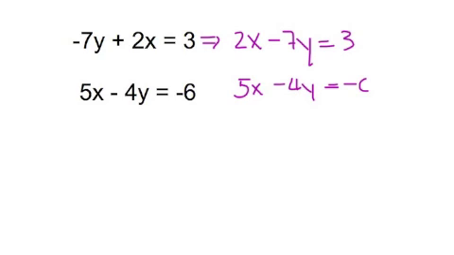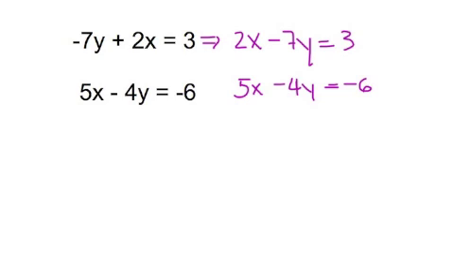All right. So now you can decide, do you want to eliminate x first or do you want to eliminate y first? There is really no right or wrong answer for that one. If you're going to eliminate x first, you would probably multiply the top equation by 5 and the bottom equation by 2.